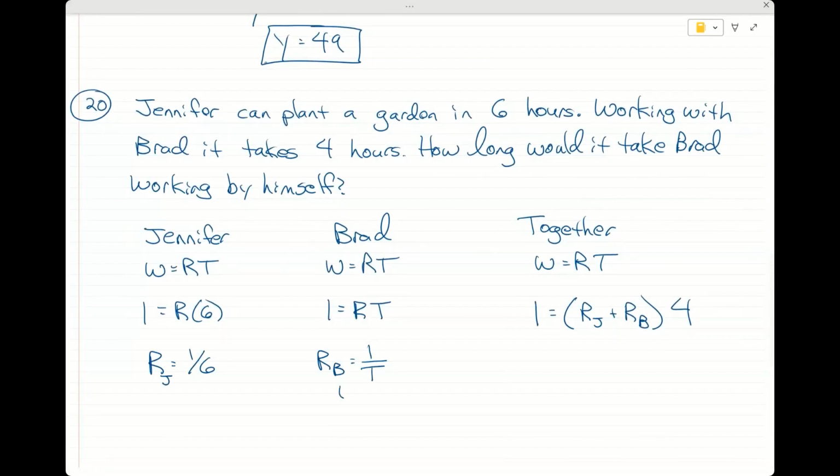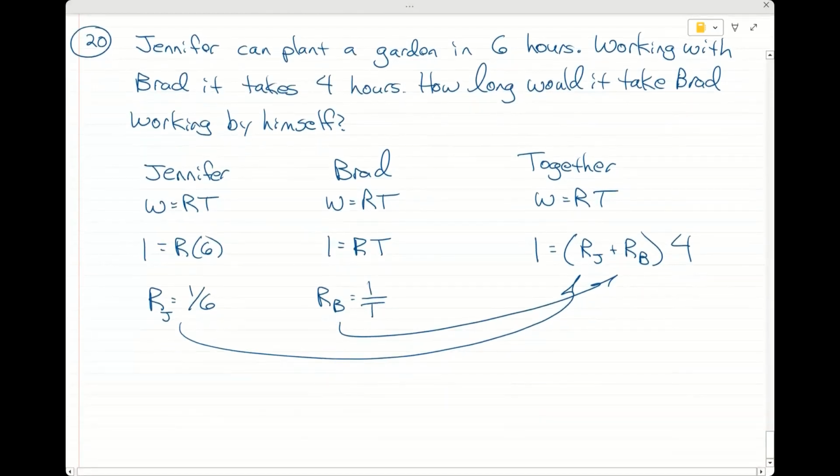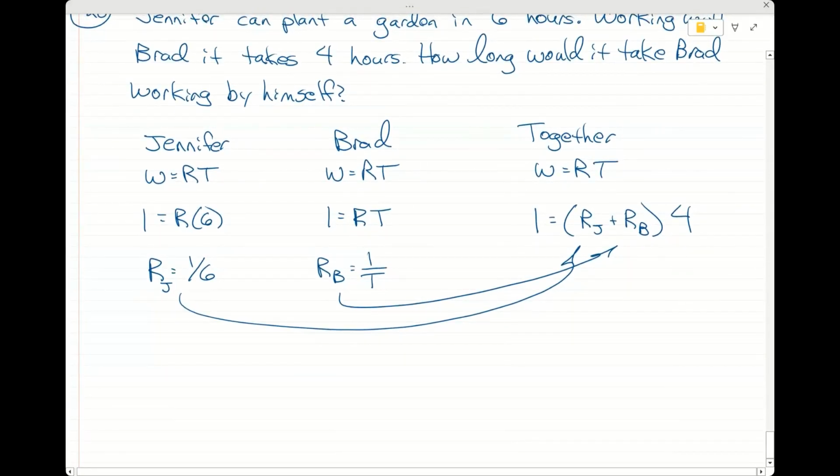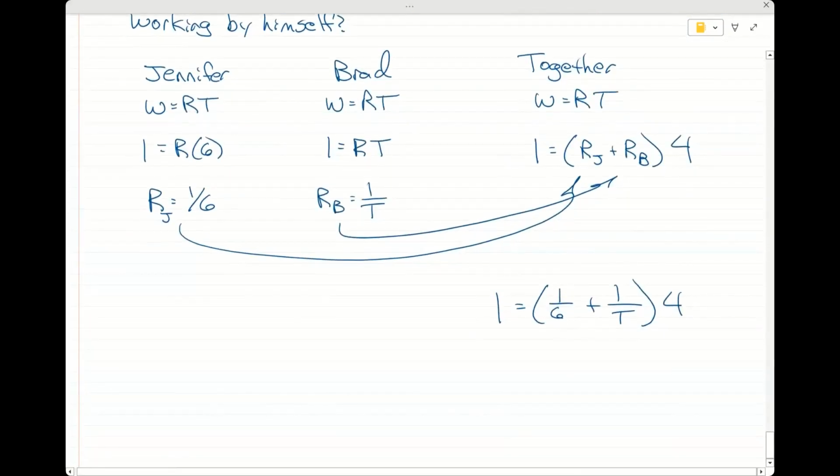So now all we have to do is just plug those into the together formula and solve for Brad's rate. So we have 1 is equal to 1/6 plus 1/T times 4. And now we just have to go ahead and distribute the 4. So 1 is equal to 4/6 plus 4/T.